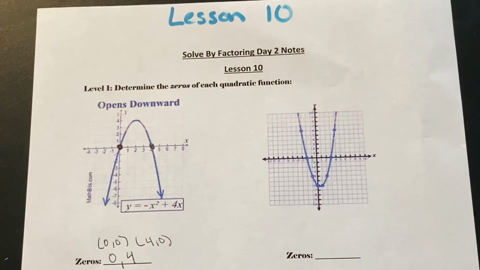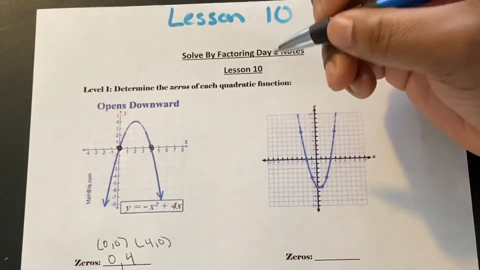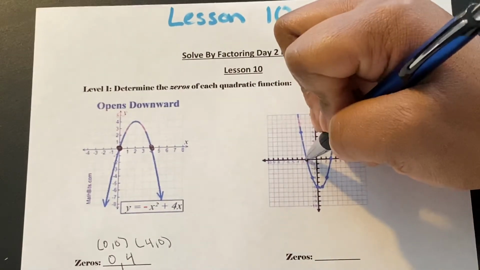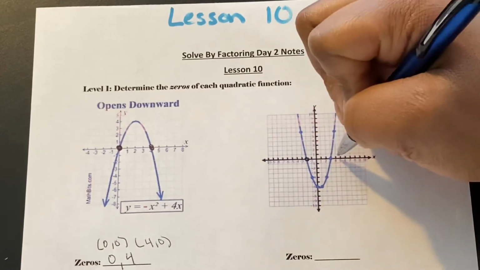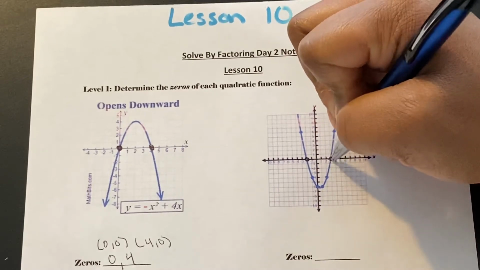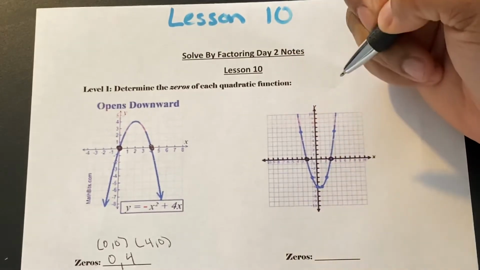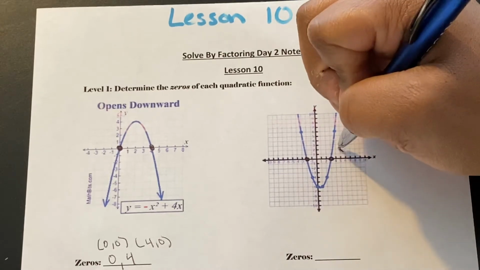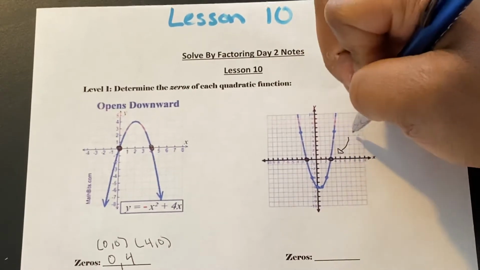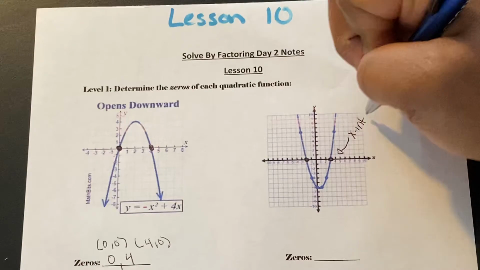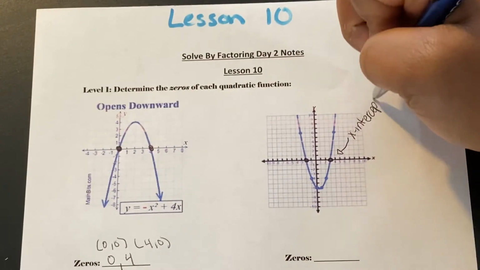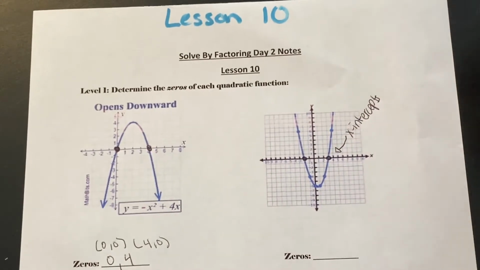For this second graph, we see that the zeros are here, the x-intercepts. Be mindful that x-intercepts is the same thing as saying the zeros. Okay.